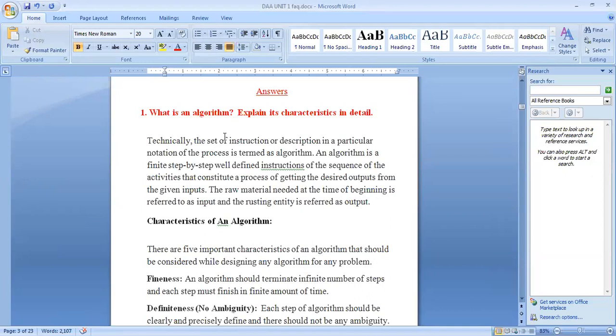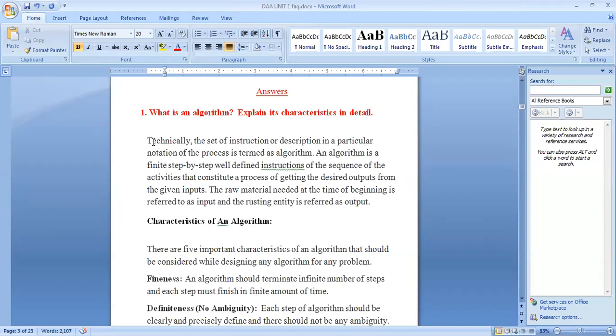And these are all concept oriented questions. So try to understand. These are very important also.